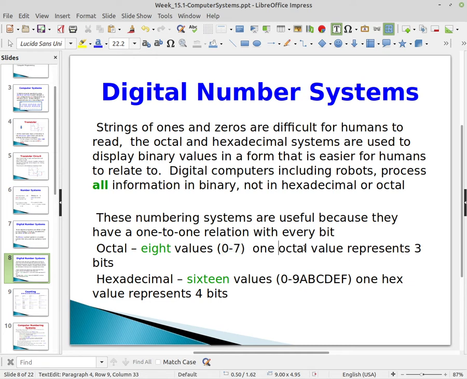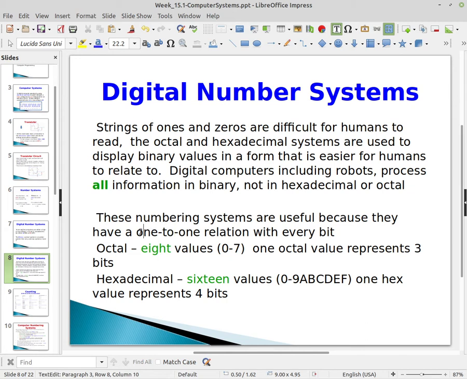But the nice thing about the octal system is that it has a one-to-one relationship with 3 bits, or 3 binary digits, 0, 1, 0 or whatever, inside of the digital computer.